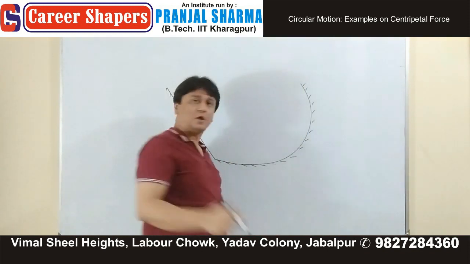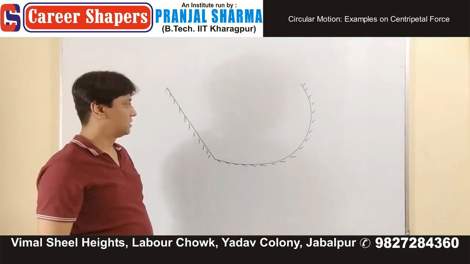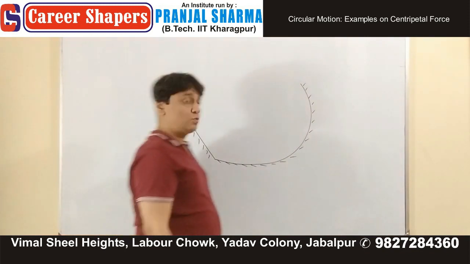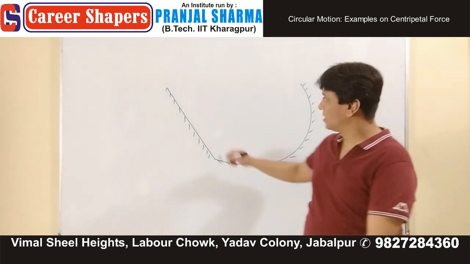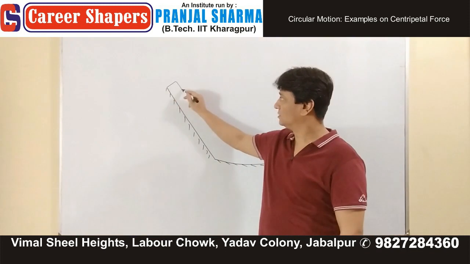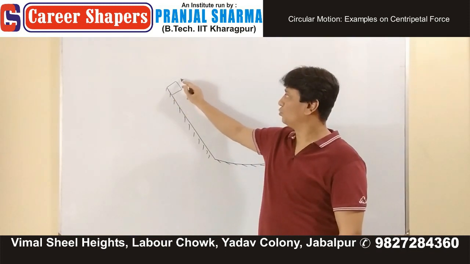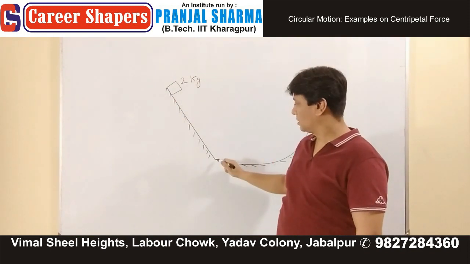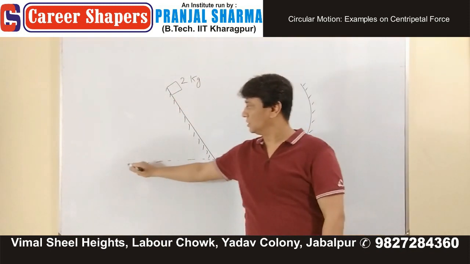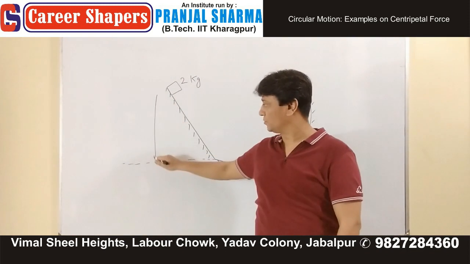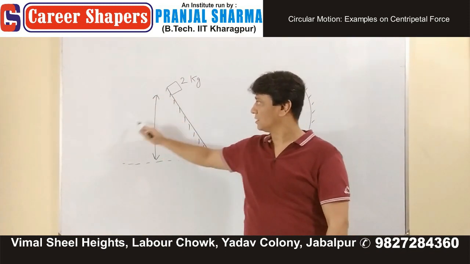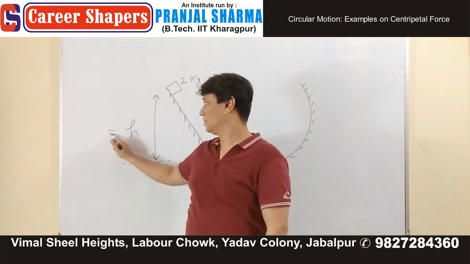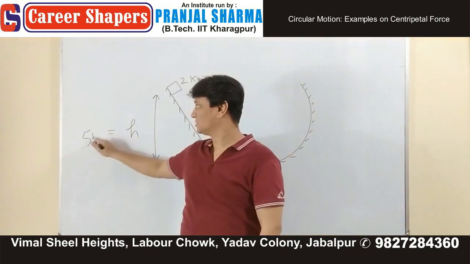This is circular motion in vertical plane. So the question is that we have an object of 2 kg which is released from this height of 5 meters.